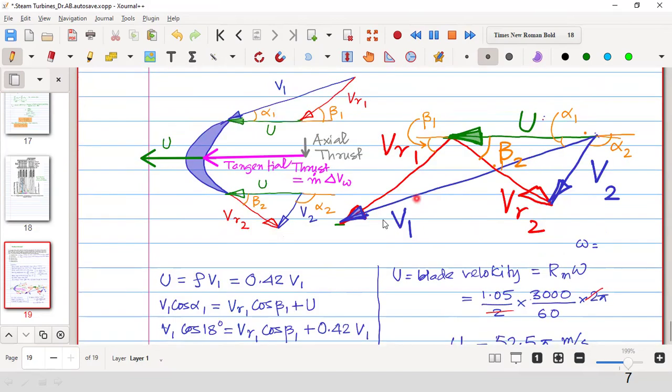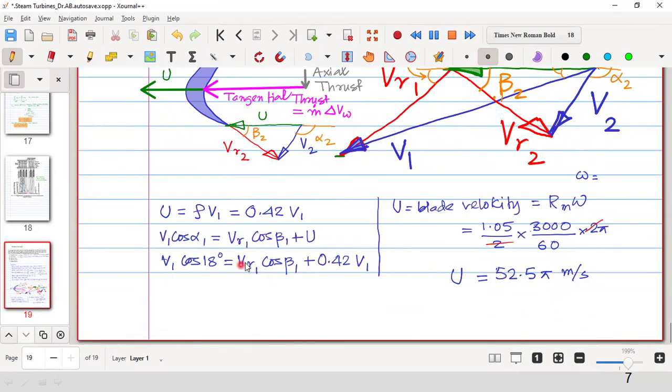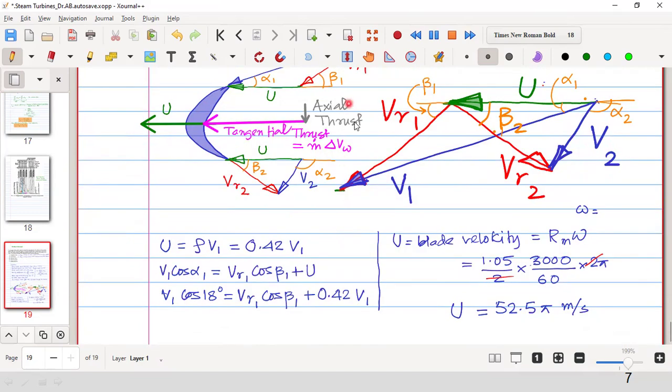Now another thing is, see that this VR, I want to calculate V1 here. Okay. So you see that what is the relation between V1 and VR1? They are having the same height.